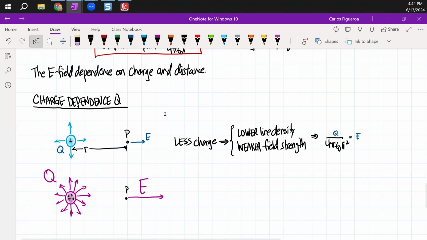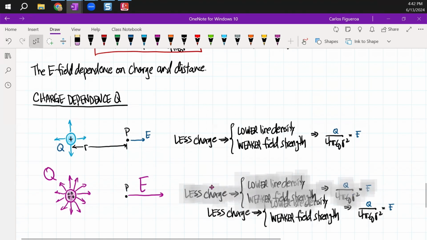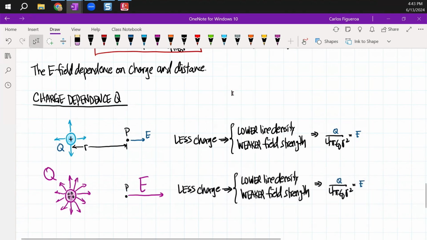Now I can do the exact same thing for the other one. So I'm just going to copy and paste it and modify it. So if I do the same thing here, now it's not about less charge. I have more. And I don't have a lower and I don't have a weaker.